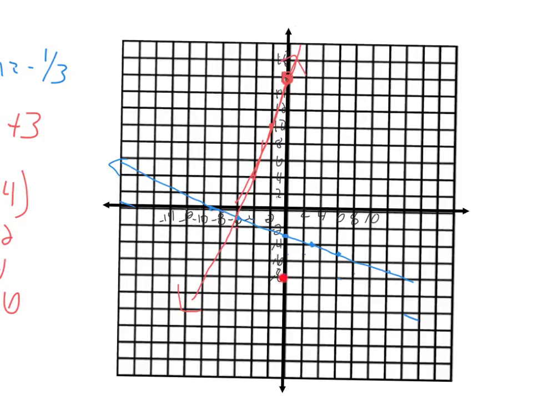Because the axes are numbered the same, I could have just went counting down 1 over 3, and it would have been the same. You can only count boxes, though, if the scales are the same.